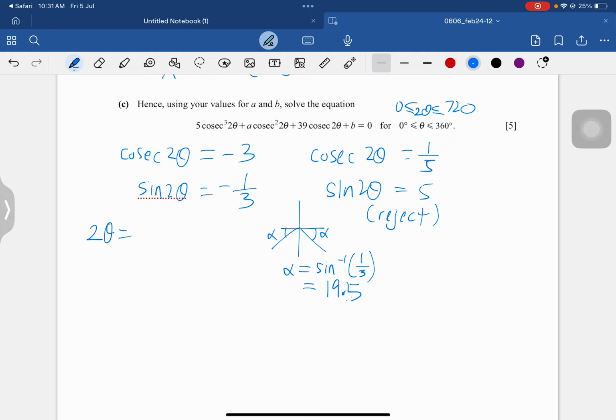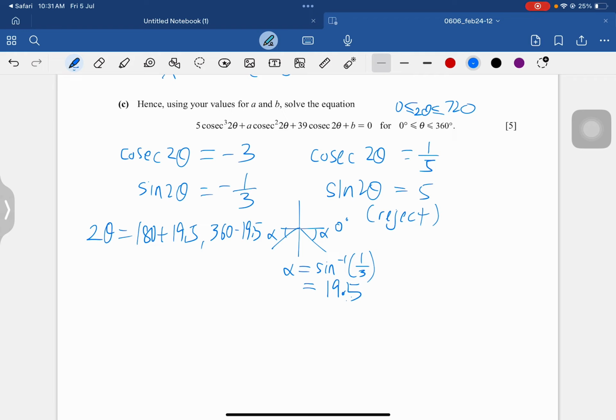So your 2 theta, our 0 is here, so it will be 180 plus 19.5 for the third quadrant, and the fourth quadrant is going to be 360 minus 19.5. Our 2 theta range is from 0 to 720. One cycle is 0 to 360, so we have to add another cycle.